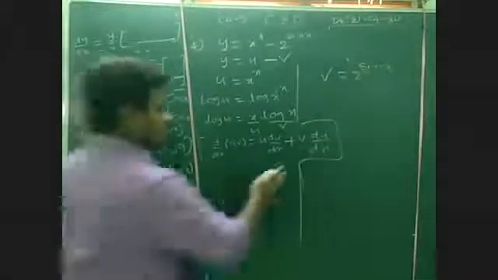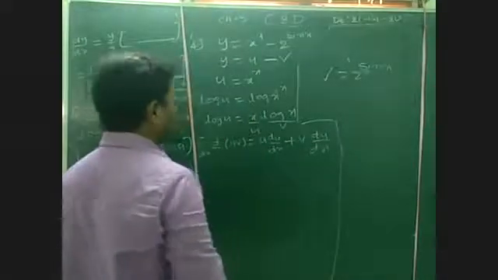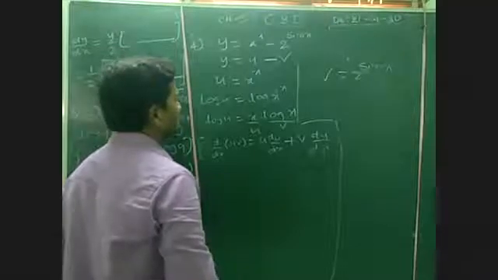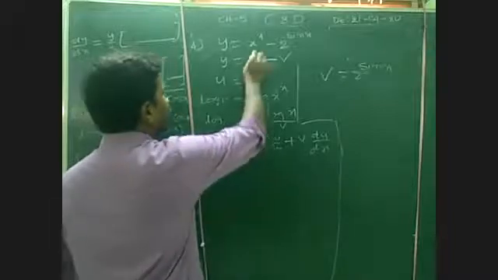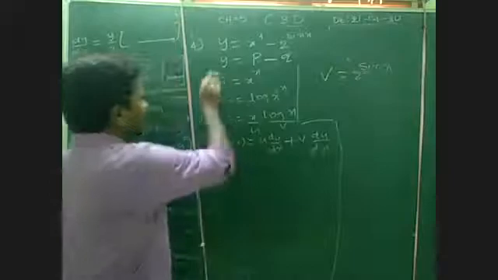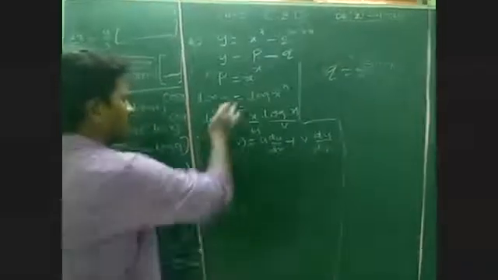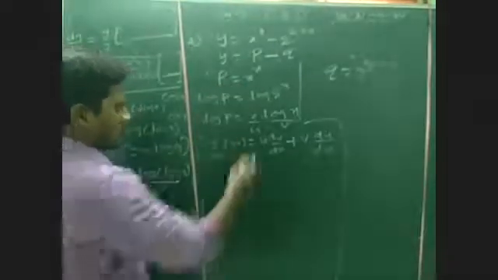Okay, let us take p of p minus q. P value, q value, your wish. Here log p, then now UV formula.